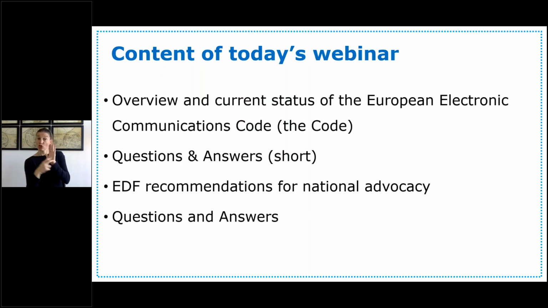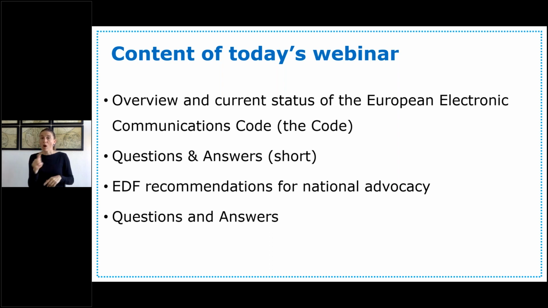Next slide, please. So a quick overview of the content. We will first start with an overview of the current status of the communications code, which for short we will just call the code because it's a long name. Then, in between the two presentations, we will have a short session of questions and answers in which we will take only 3 questions, because we want to keep the main part of the questions for later.